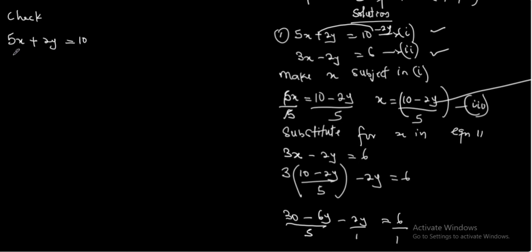X is equal to 2, right? So we have 5, 2 plus 2y, y is 0, equal 10. So we have 10 on the right-hand side. Now on the left-hand side, we have 5 times 2 is 10 plus 2 times 0 is 0, and we have 10 on the right-hand side. 10 plus 0 is 10 on the left-hand side, and then we have 10 on the right-hand side. So that means that we are correct.